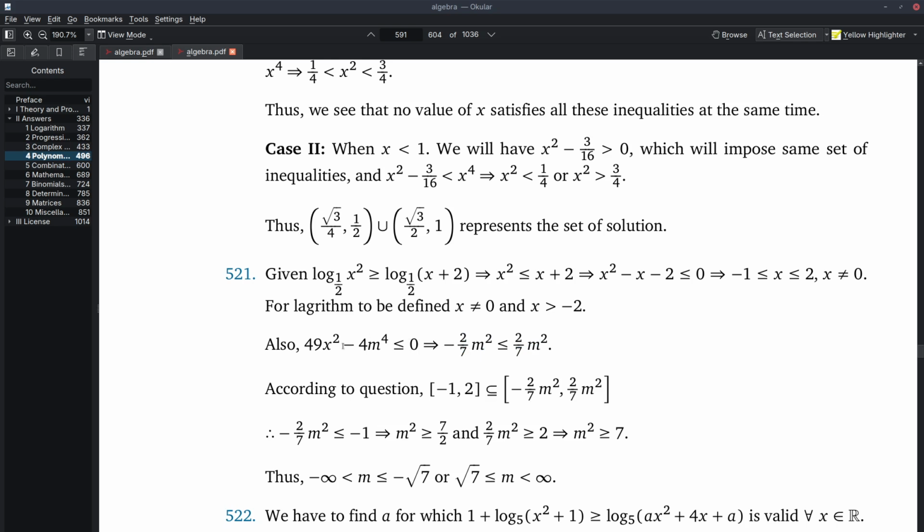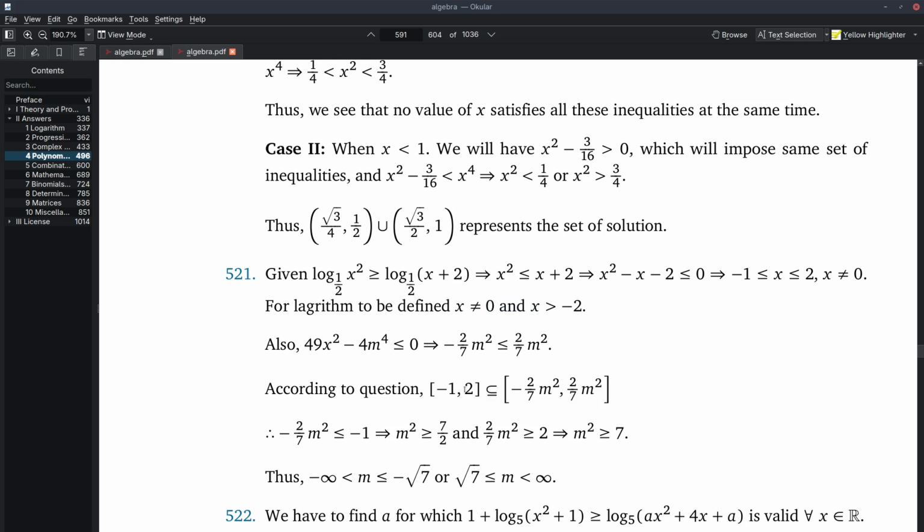So x square would be less than or equal to 4 by 49m to the power 4. So there will be two roots, minus 2 by 7m square and 2 by 7m square. So what is missing is, it should be read as minus 2 by 7m square less than or equal to x less than or equal to 2 by 7m square. So less than and x are missing here. Alright, I'll fix this.